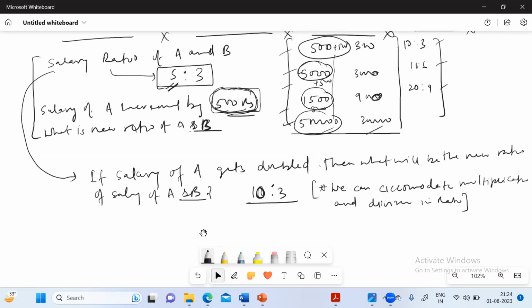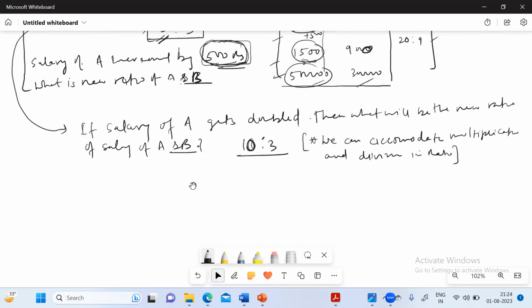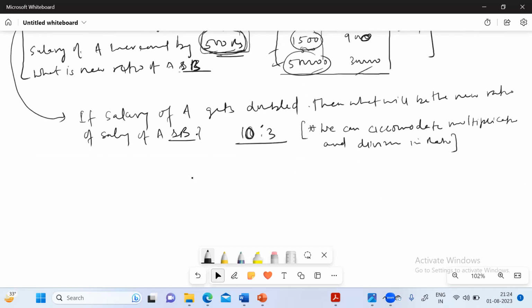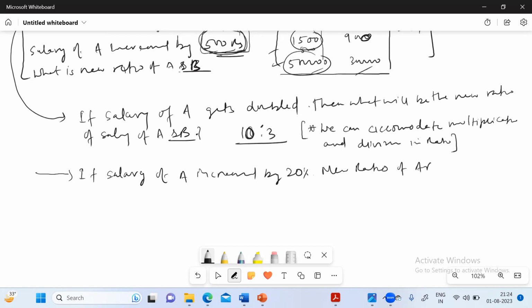So now when you know this, there is another statement here which says, if the salary of A is increased by 20%, then what will be the new ratio of A and B?